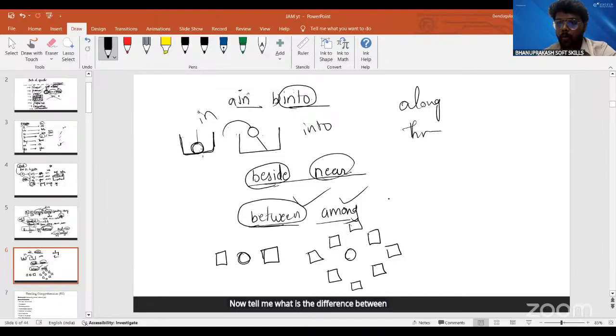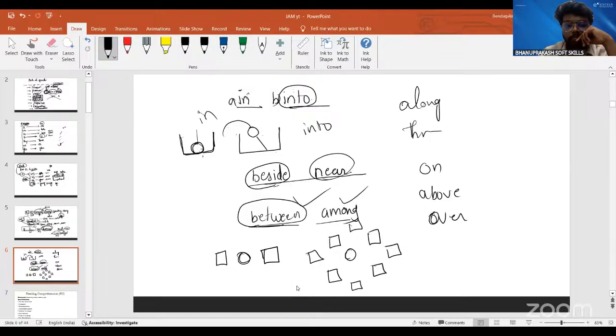on, above, over? On, above, over. These three look alike, right?